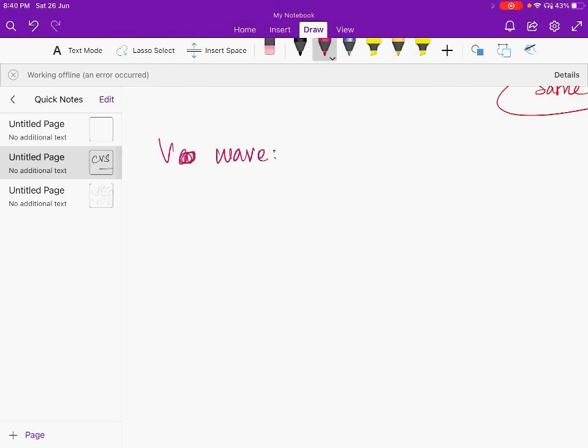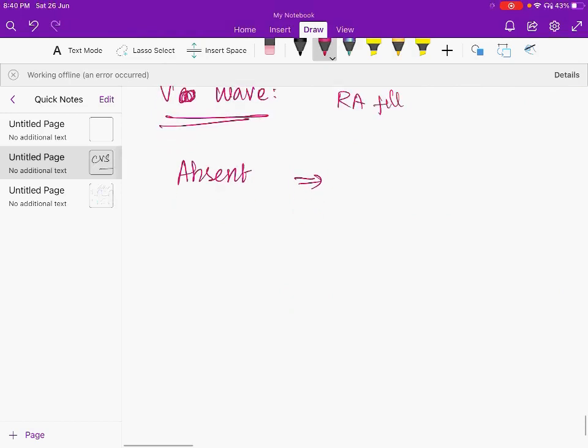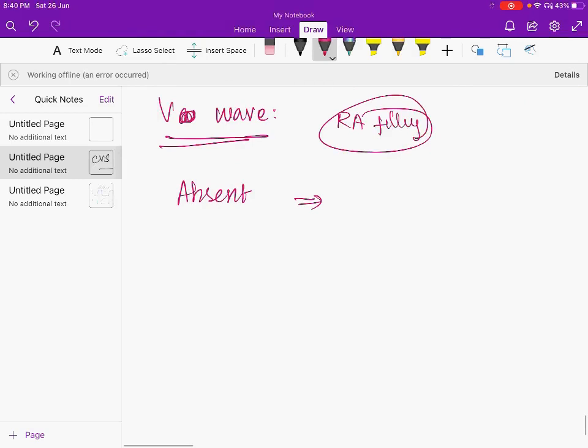V wave. So V wave can be absent. Why does the V wave happen? Due to RA filling. So absent RA filling, any idea?